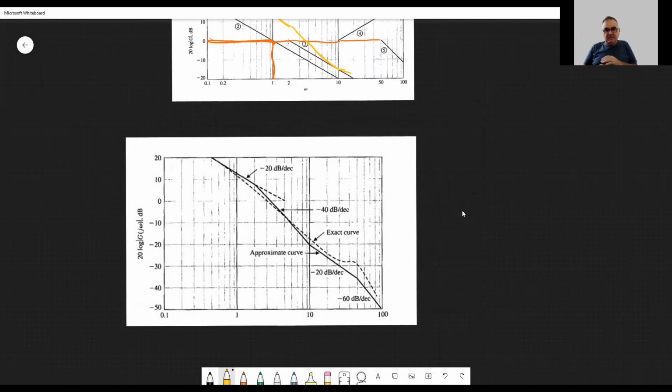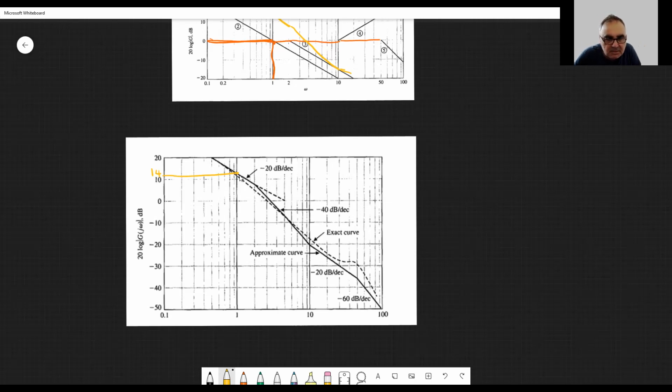As I have said, you start with a straight line when omega is equal to 1. This straight line is the addition, and it is 14 dBs when omega is 1. Then it has a slope of minus 1, or minus 20 dBs per decade.